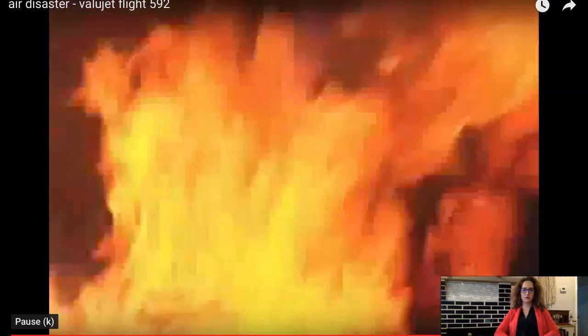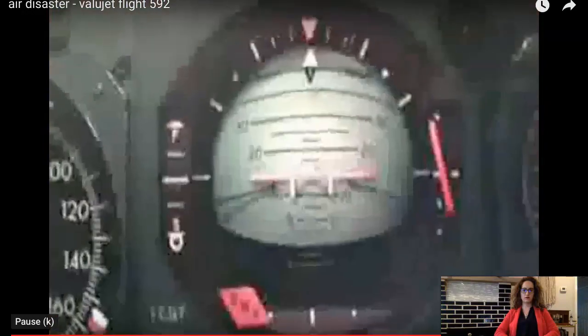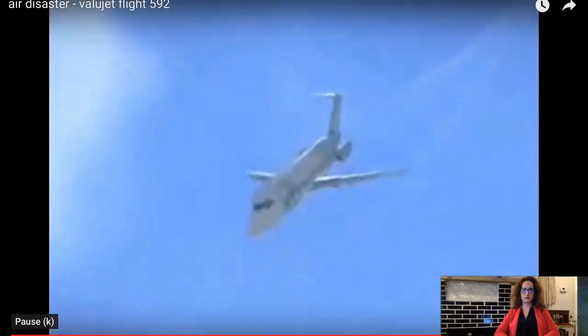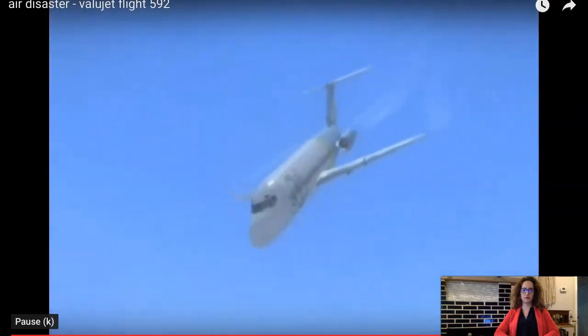The cabin floor burns and begins to cave in. 7 seconds to disaster. Now, no one is in control of the plane. The crew is probably unconscious, overcome by toxic fumes given off by the aircraft's interior fittings. Seconds later, Flight 592 nosedives into the Florida Everglades at 500 miles per hour.